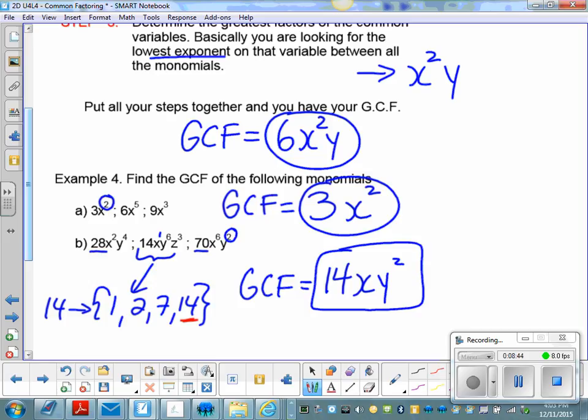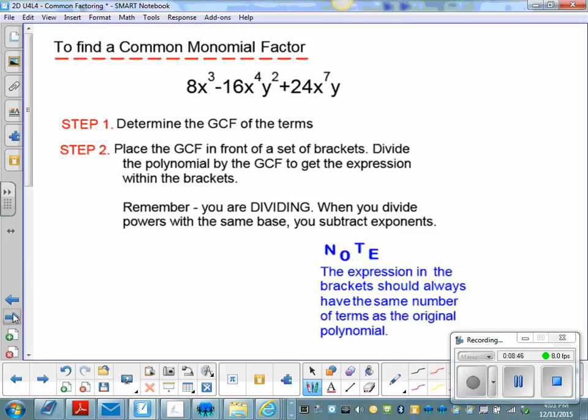So let's take a look at how we use this information. Our goal, when we get to this question where we're asked to find a common monomial factor, is to then actually do some factoring with it. So the first thing we do is we find the greatest common factor of the terms, just like we did on the previous page.